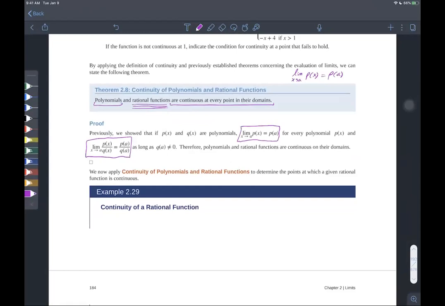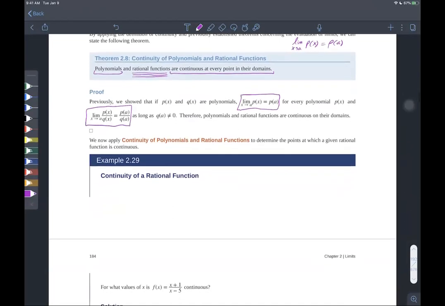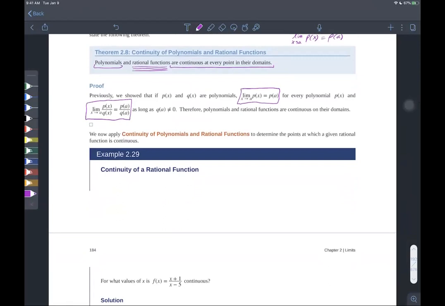Therefore, polynomials and rational functions are continuous on their domains. All right, so very nice. That's kind of cool. We didn't have that definition before, so we couldn't really state that before, but there we go. That's the statement. So we now apply continuity of polynomials and rational functions to determine the points at which a given rational function is continuous.